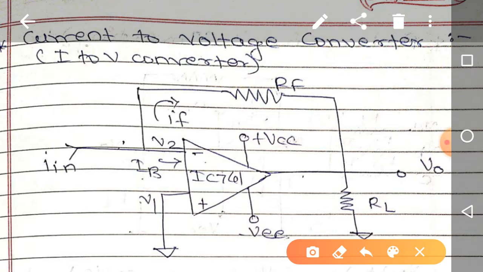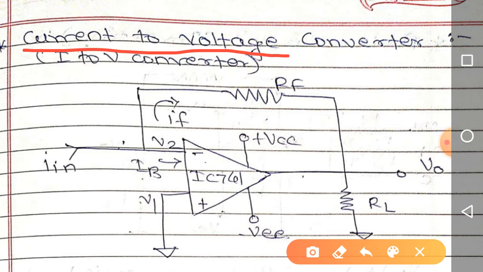Next, we have to study operational amplifier as current to voltage converter, that is I to V converter. Current to voltage converter, see in the diagram. I in is the input current source applied at the inverting terminal.